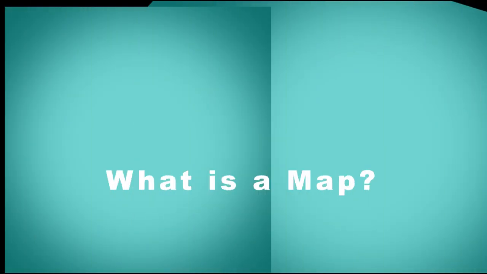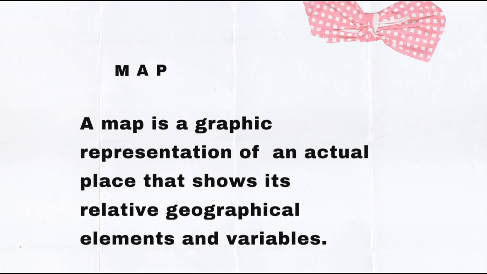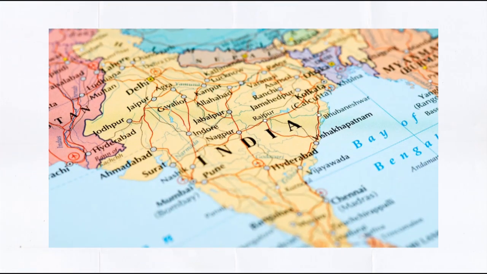First, let's define a map. A map is a graphic representation of an actual place on a paper. It shows classification, delineation, structure, and topographic elements or land elements or other elements in the actual place.